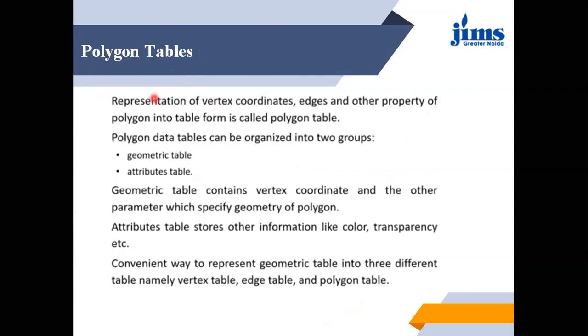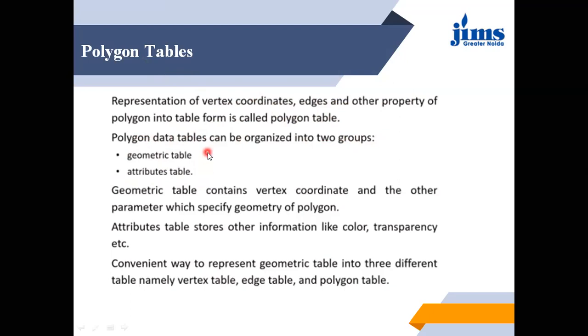So the representation of vertex coordinates, edges and other properties of a polygon in table form is called a polygon table. Polygon data tables can be categorized into two groups. One is the geometric table and the second is the attribute table.